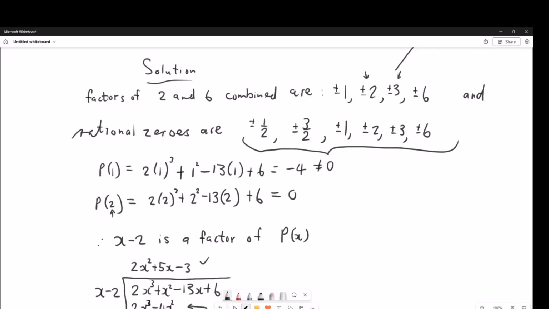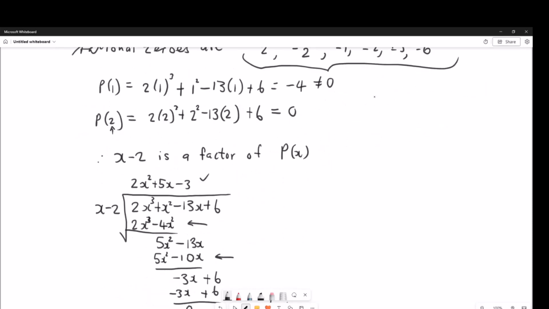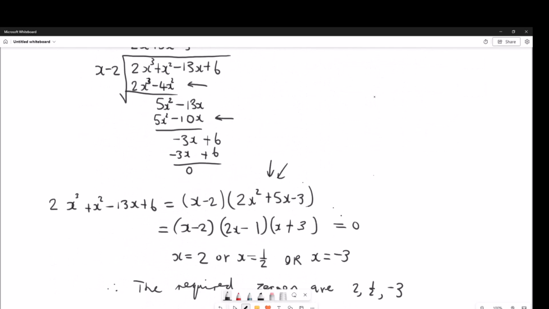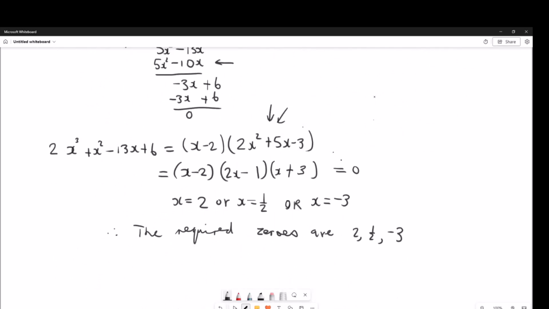There are 12 possibilities from the rational zeros theorem: plus or minus 1/2, plus or minus 3/2, plus or minus 1, 2, 3, 6. I check the integer 1, it doesn't work. I check the integer 2, it works. So x minus 2 is a factor, and I divide it in. Then I end up with a quadratic polynomial, and I can factorize it without bothering further.